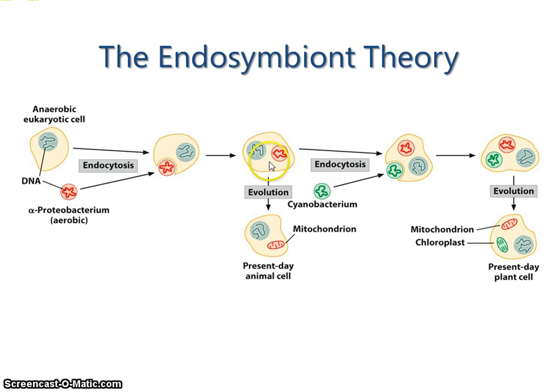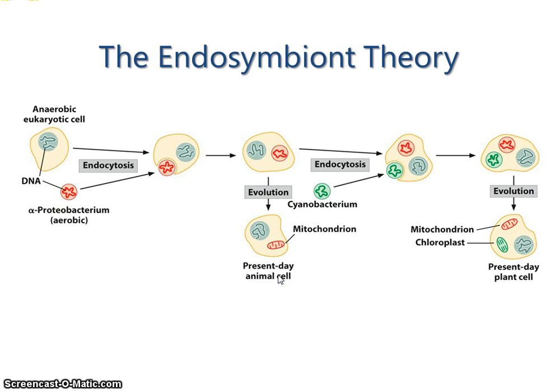And eventually, here is where it branches. In one group, we also get a cyanobacterium that gets engulfed and incorporated into the host cell, and this becomes our modern day chloroplast, whereas this one becomes our modern day mitochondrion.